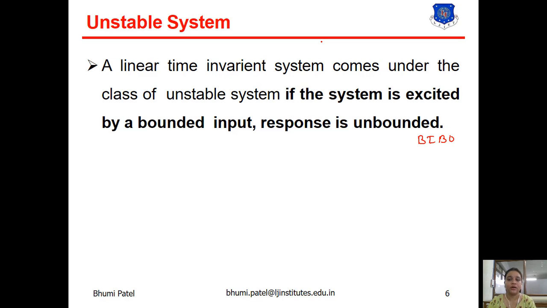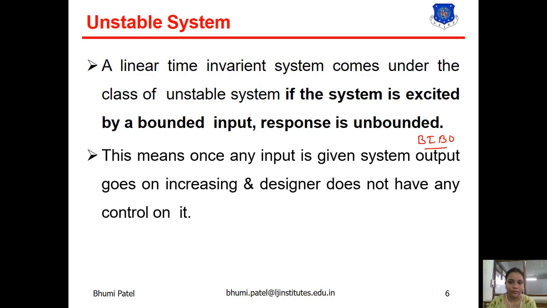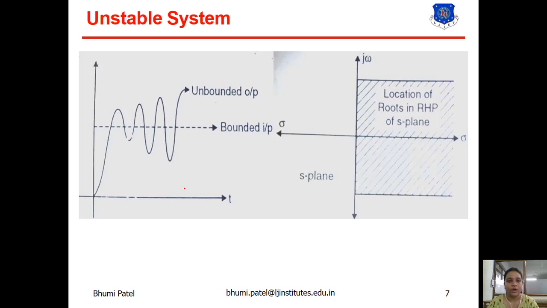Now the next one is the unstable system. A linear time invariant system comes under the class of unstable systems if, when the system is excited by a bounded input, the response is unbounded. So it does not follow the criterion of bounded input, bounded output. That means once any input is given, the system output goes on increasing and the designer does not have any control over it.